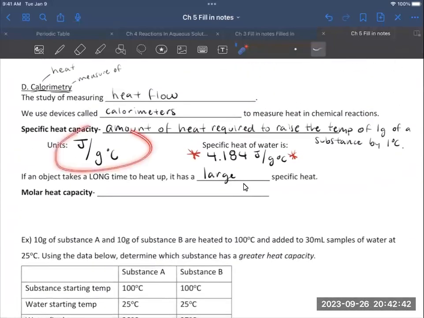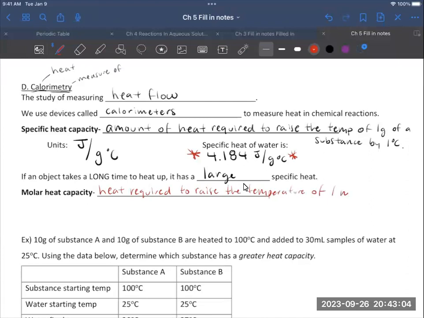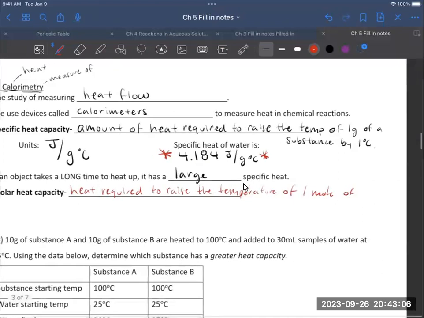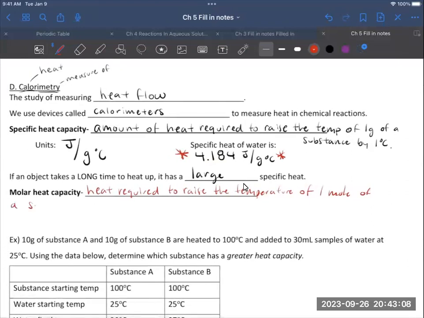Please note the units right here. We've got joules per gram degree Celsius. If something is described in molar heat capacity, then we're talking about the heat required to raise the temperature of 1 mole of a substance by 1 degree Celsius.